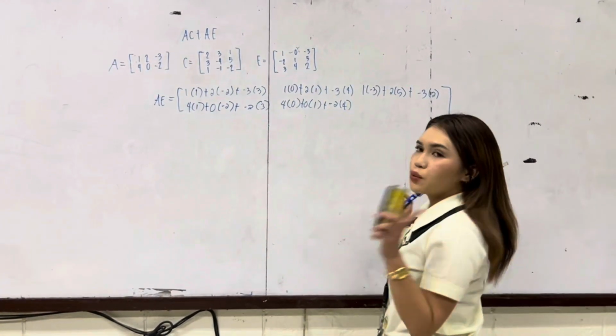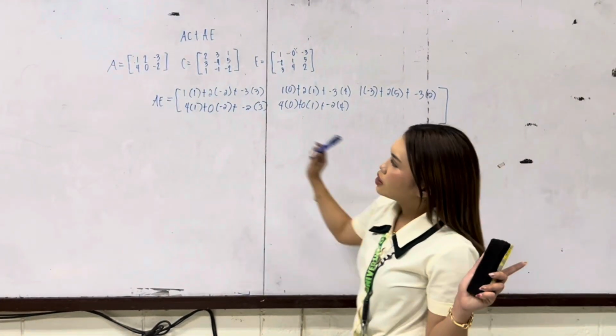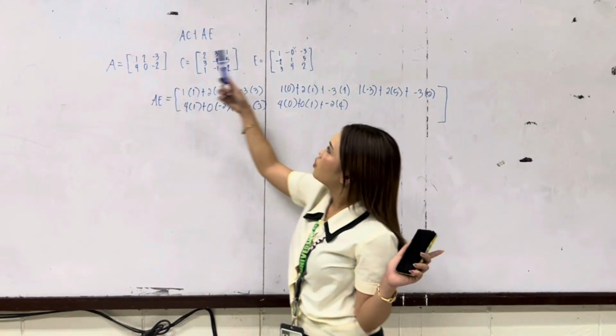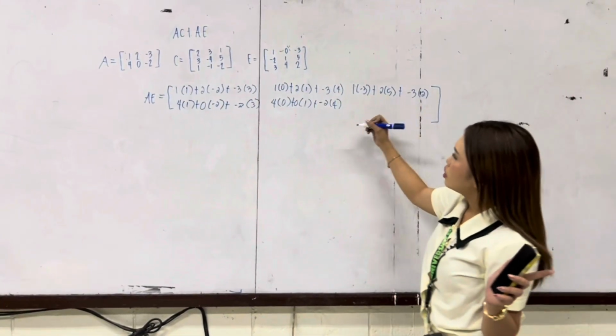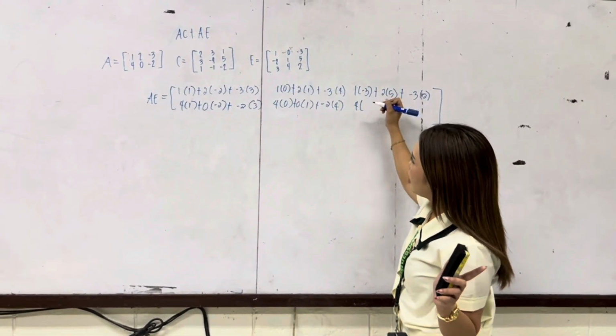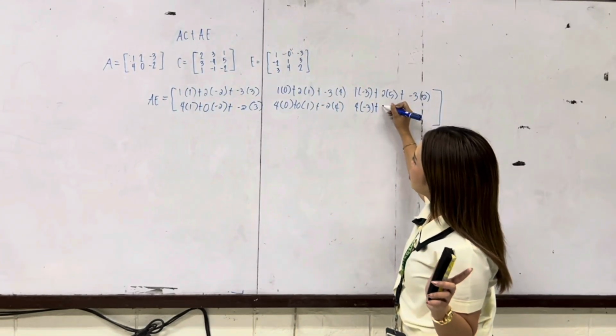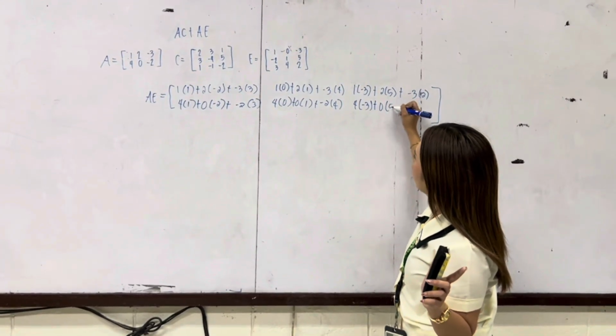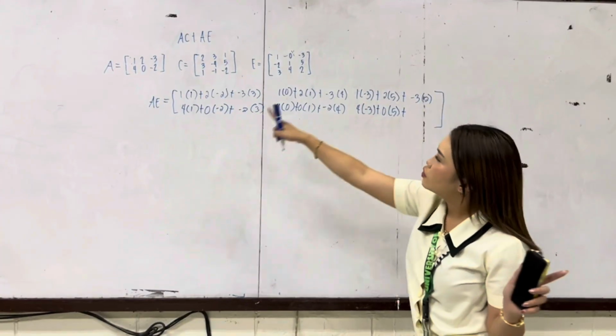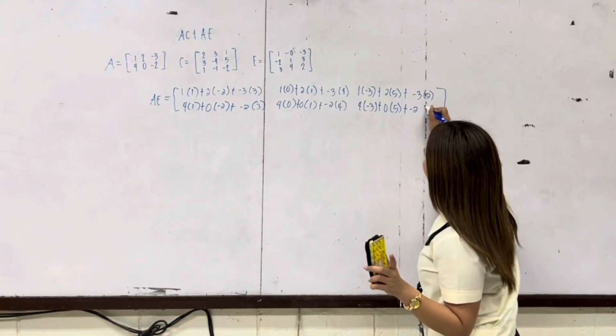Next, last one. The second row of A to the third column of E. So 4 times negative 3 plus 0 times 5 plus negative 2 times 2.